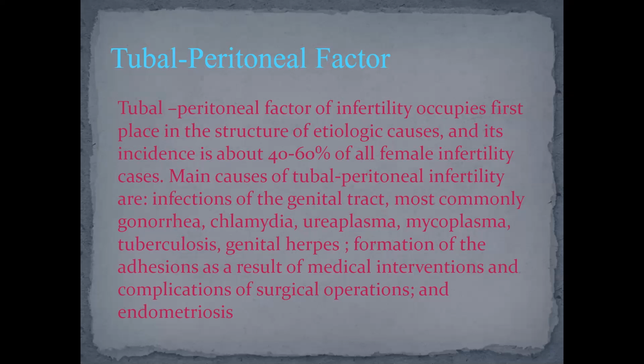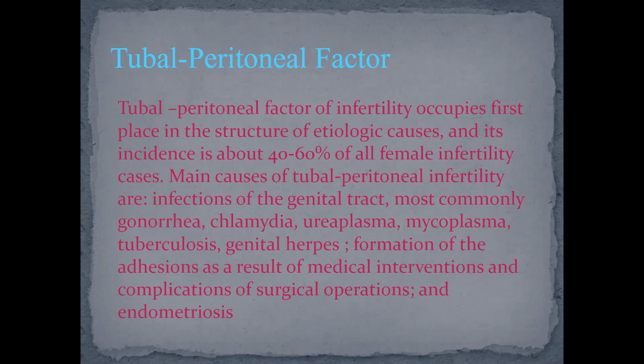Main causes of tubal peritoneal infertility are infections of the genital tract. Most commonly, it's gonorrhea, chlamydia, ureaplasma, mycoplasma, tuberculosis, genital herpes, formation of the adhesions as a result of medical interventions and complications of surgical operations, and also endometriosis.